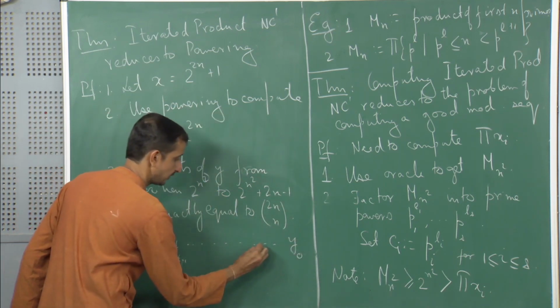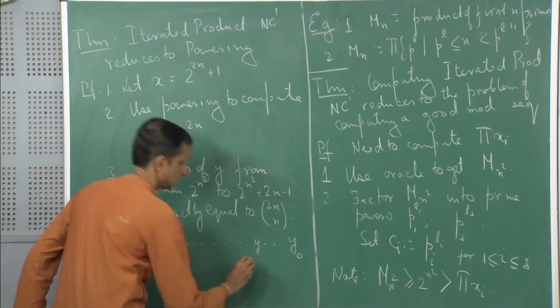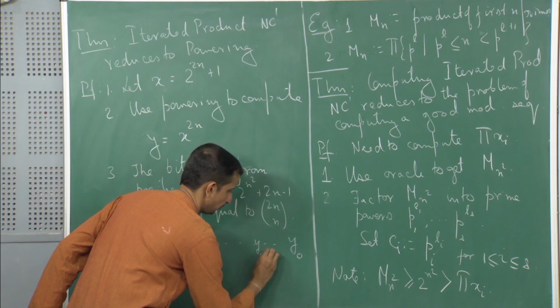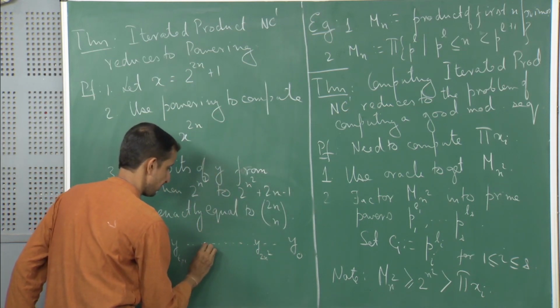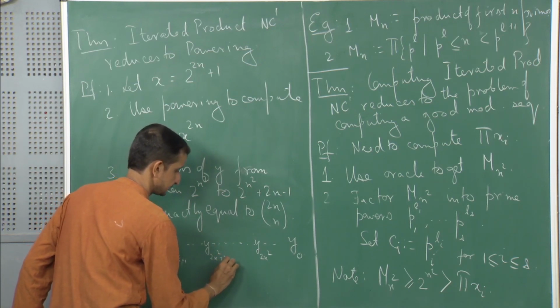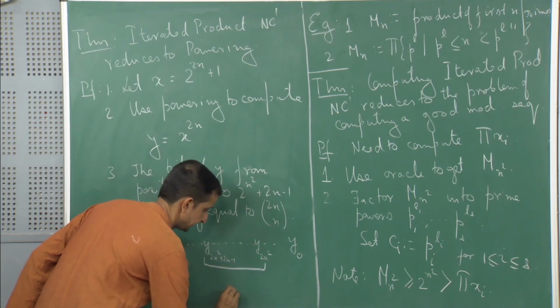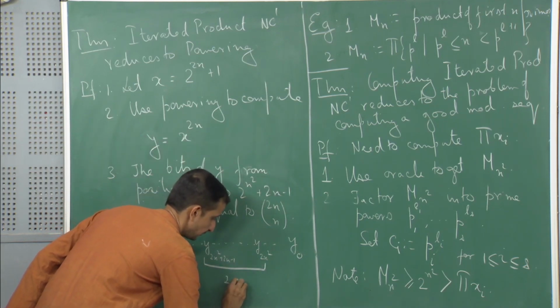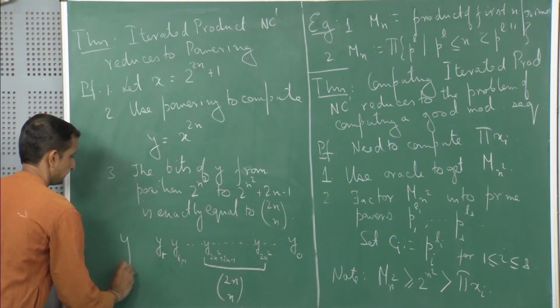Now look at the positions y of 2n square up to y 2n square plus 2n minus 1. So this term is exactly equal to 2n choose n.